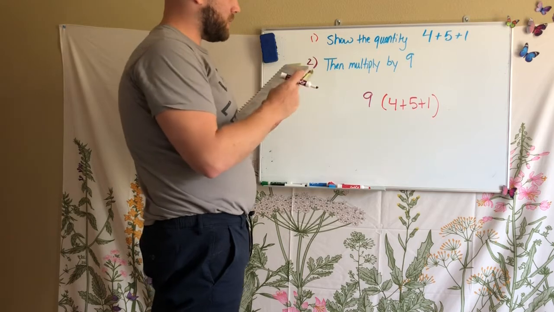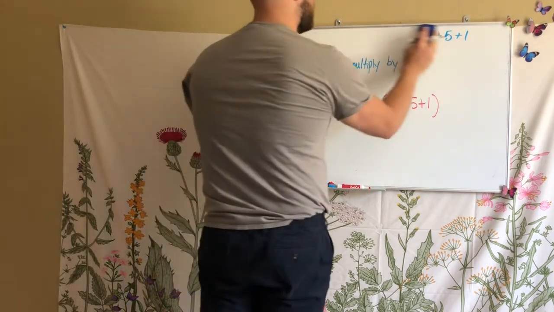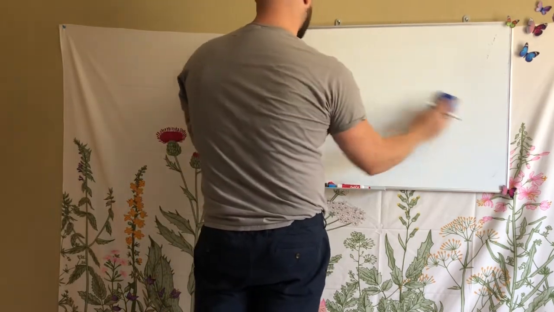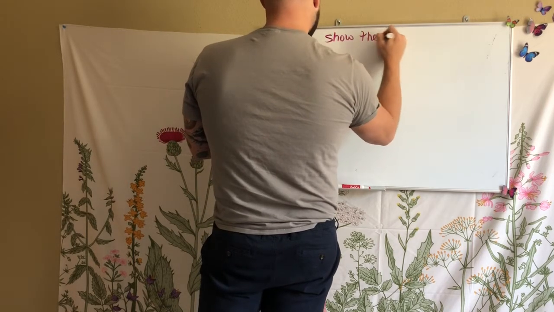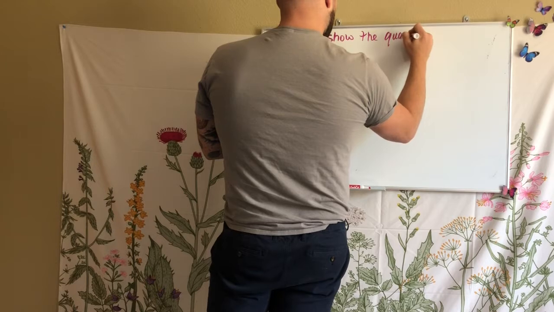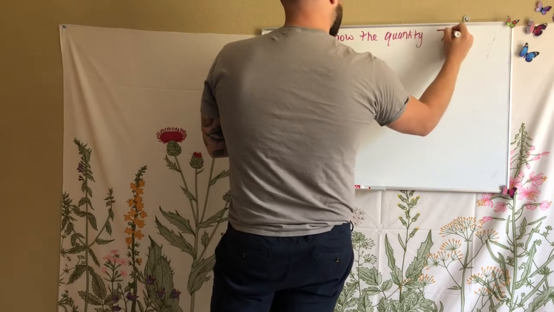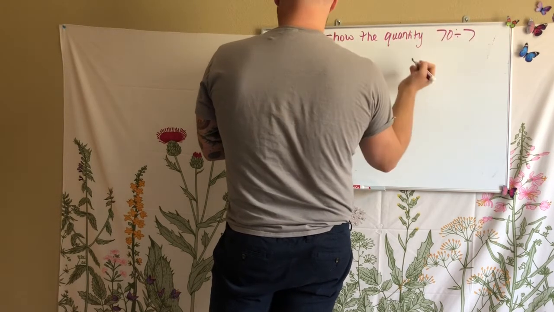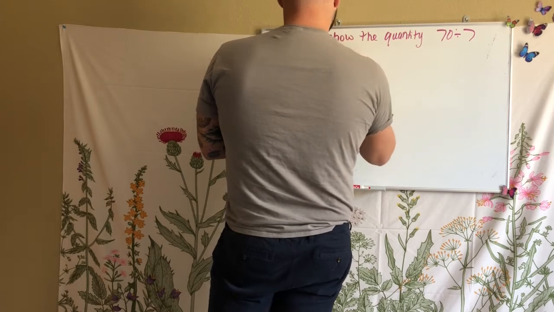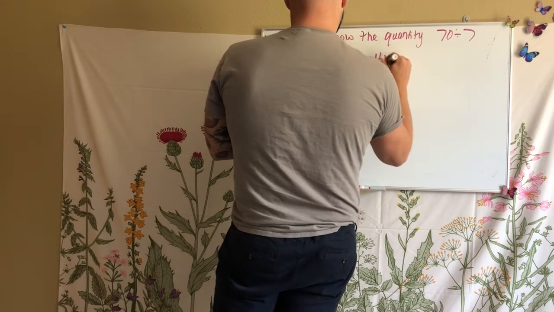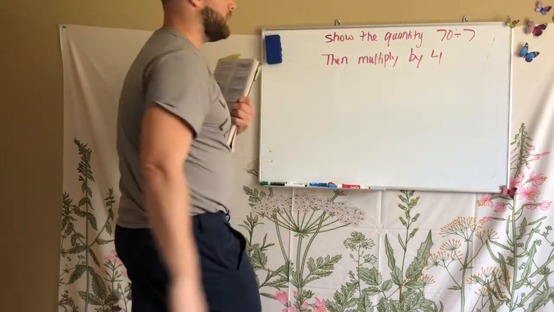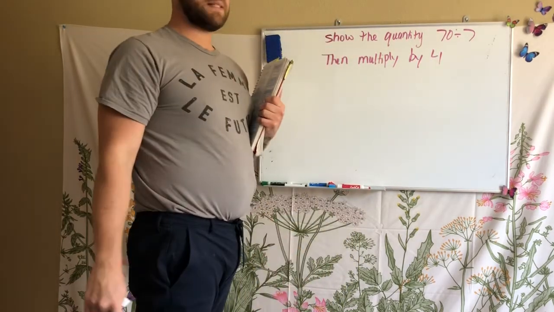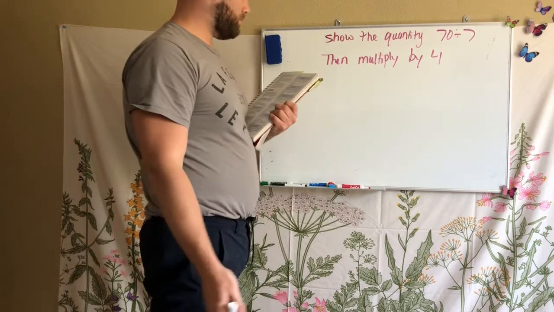All right, so what we'll do next is another one. Show the quantity 70 divided by 7, then multiply by 4.